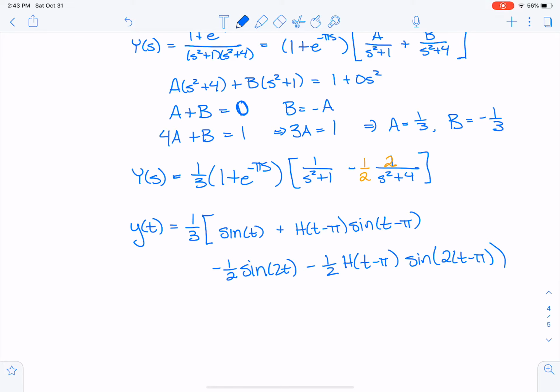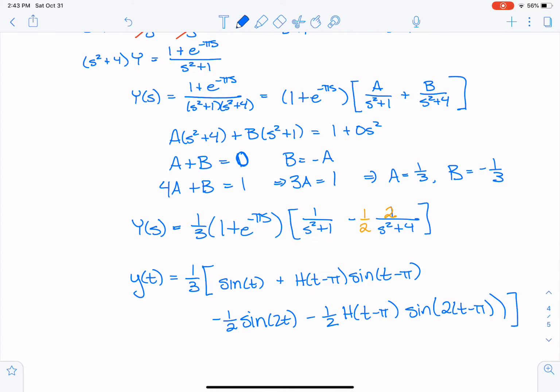Notice that the t minus pi is in parentheses. So it needs to be the sine of 2 times the quantity t minus pi. And that is my solution to the differential equation.